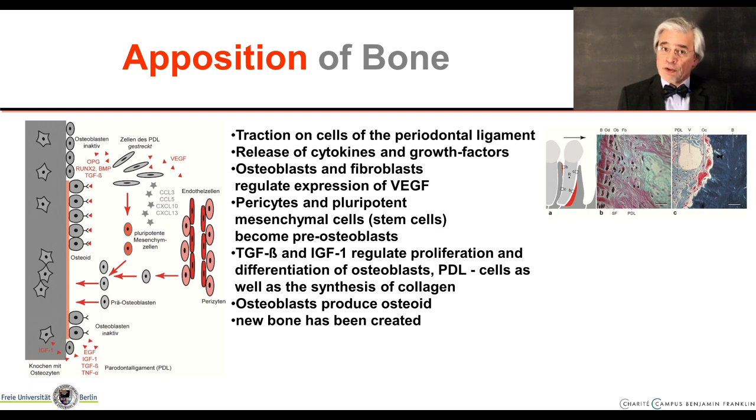And if the concentration of this increases, then the pericytes in the blood vessels and the pluripotent stem cells in the mesenchyme and in the bone marrow also notice this, and pre-osteoblasts are formed from them, which are subject to control by the transforming growth factor TGF-beta and the insulin-like growth factor IGF-1.